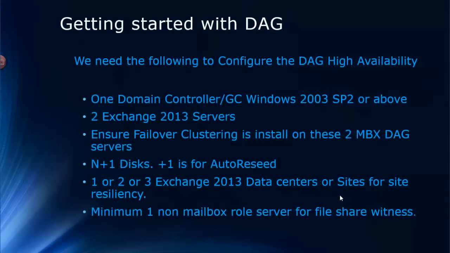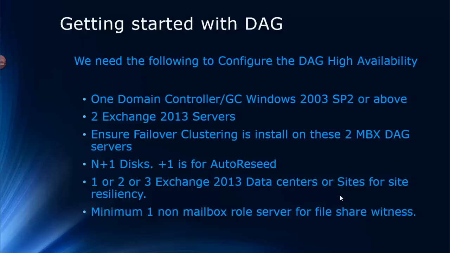All right. Getting started with DAG. What DAG needs, it's a very simple configuration nowadays. It's just one domain controller, which is a global catalog server, Windows 2003 SP2 or above, 2 Exchange 2013 servers, and ensure failover clustering is installed. Two mailbox DAG servers, basically, which can also have the CAS role.